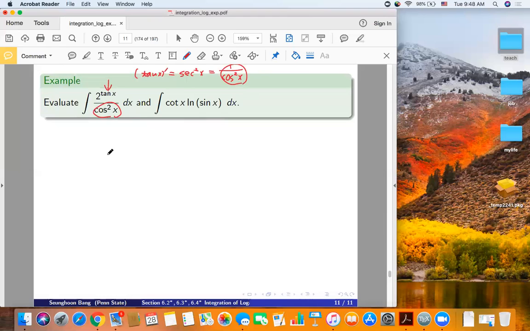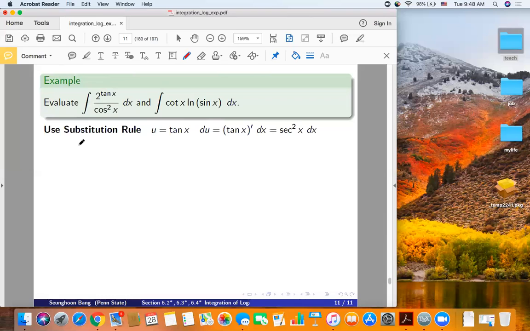You can take the derivative of 10x, and 10x prime is in the integrand. This is a good choice. So 10x is u, and you can use u substitution. du is 10x prime dx, secant square of x dx, which is the same as 1 over cosine square of x dx.